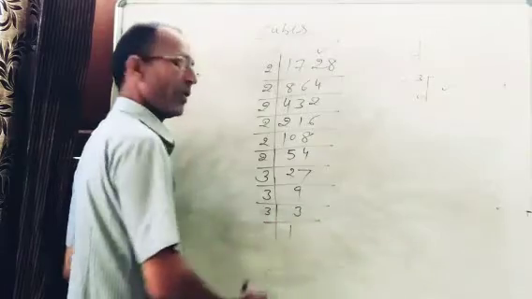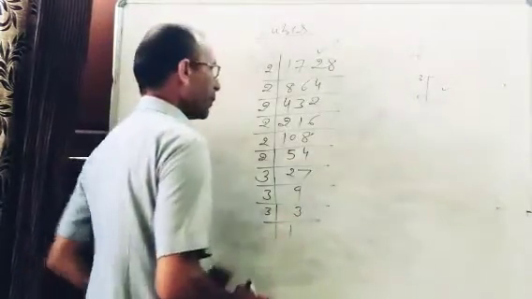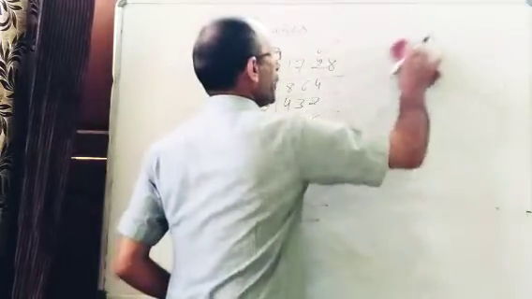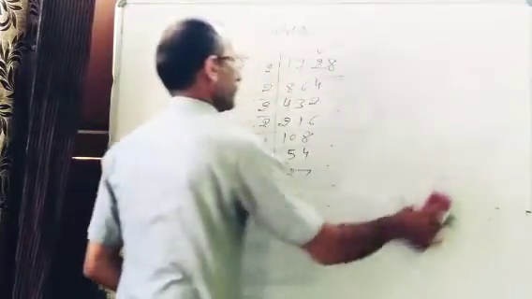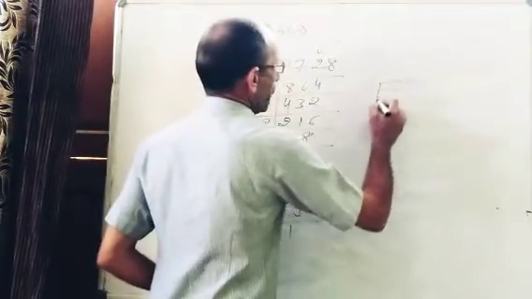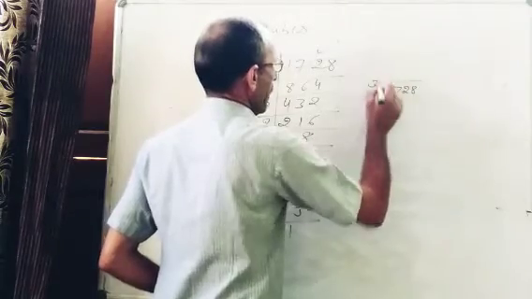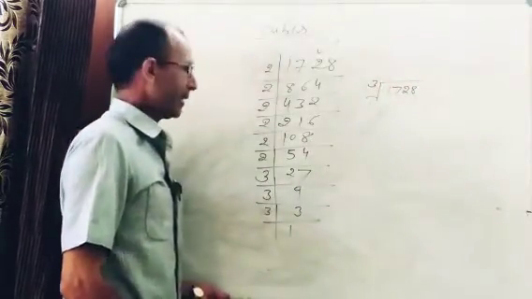Again by 3, 1. So we have to find the cube root of 1728 by the factorization method.